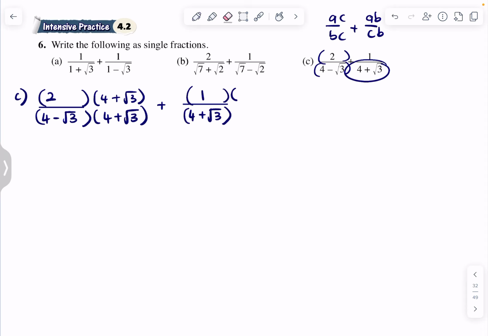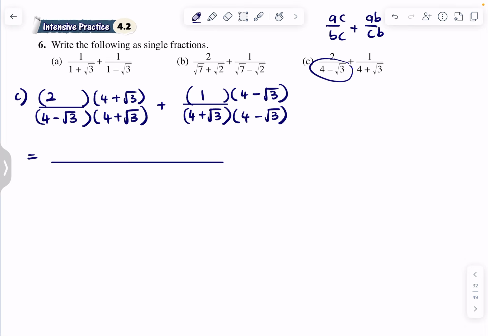This one we multiply with this fellow, 4 minus √3, 4 minus √3. Now as usual we expand. So 2 times 4, 2 times √3. We get 8 plus 2√3. 1 times this is just that, 4 minus √3. Then the denominator is just this, 4 minus √3 times 4 plus √3.